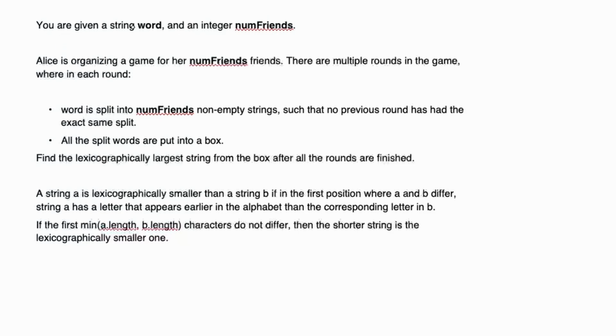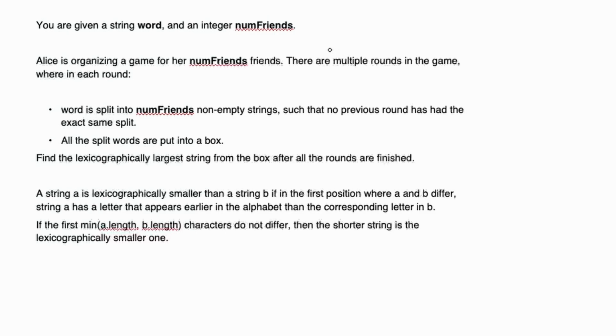Anyway, the question reads that we are given a string word and an integer numFriends. So Alice is organizing a game for her numFriends friends, and there are multiple rounds in the game, where in each round, and before I go into the rounds, I will say that this is a lie. There are not rounds in the game. I don't know why they added this, but there is no concept of rounds here, so don't even worry about this.